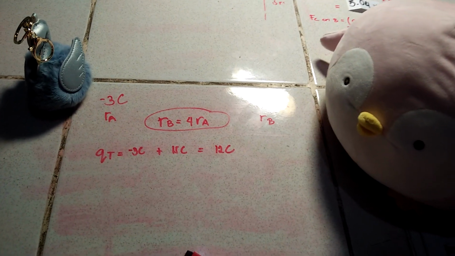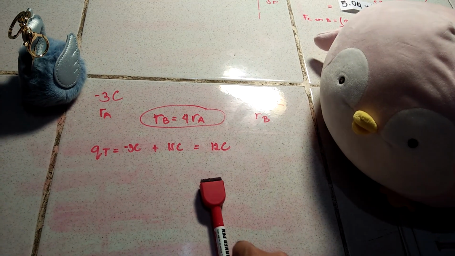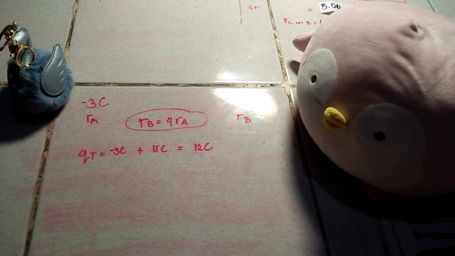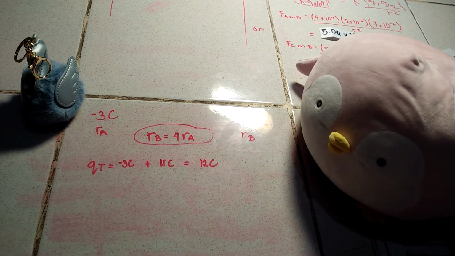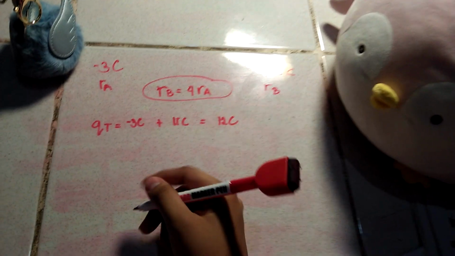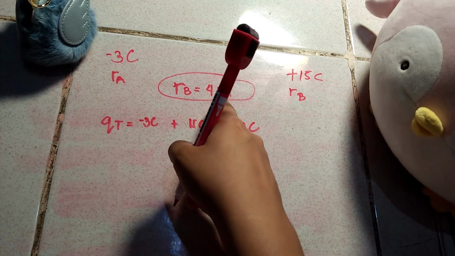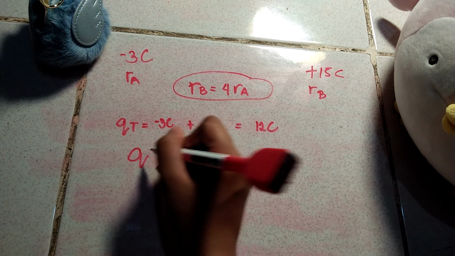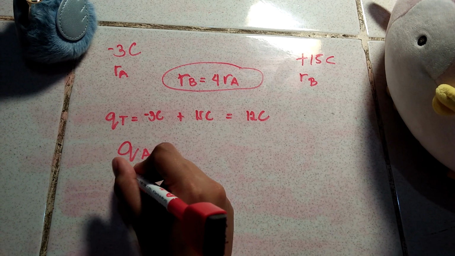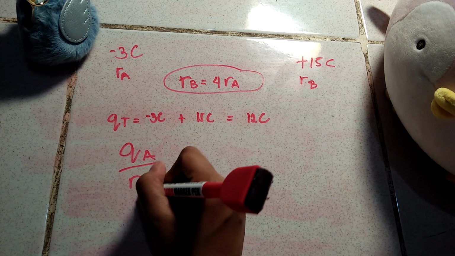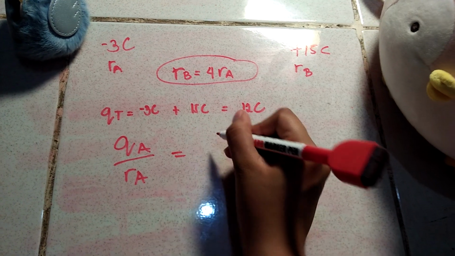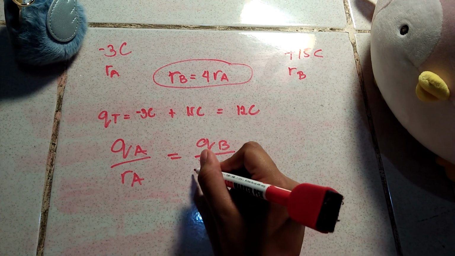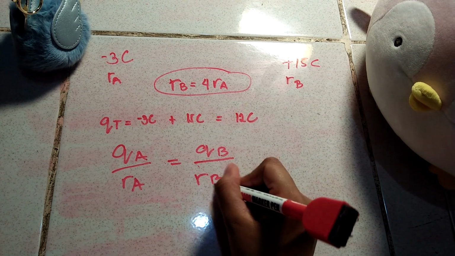Now, the total charge is negative 3 plus 15, which will give us positive 12 coulombs. And now, let's calculate for the distribution of charges. So, we said RB is equivalent to 4RA, but we also have this ratio that QA over RA is equivalent to QB over RB.